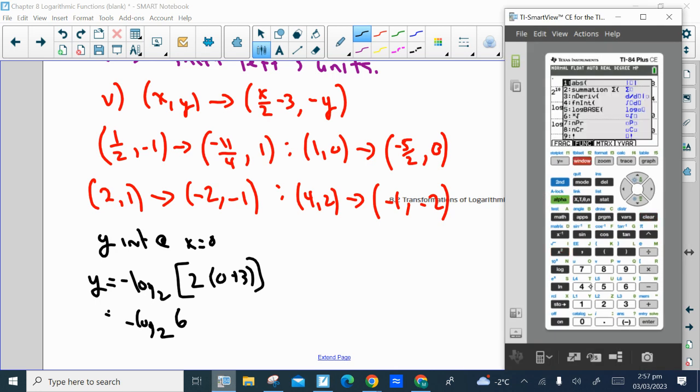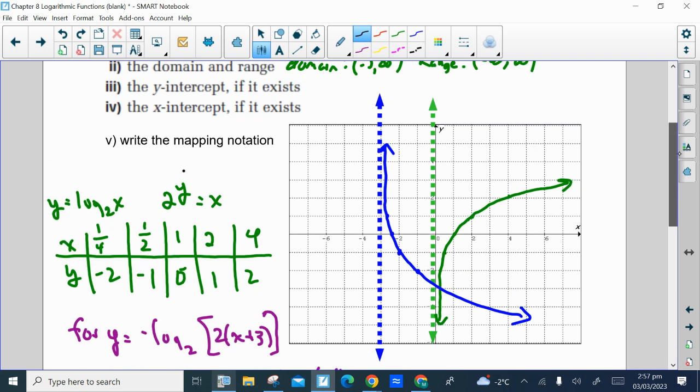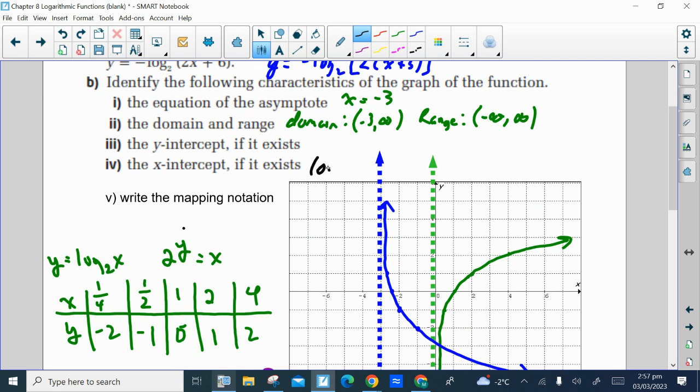Whether you use the change of base identity or if you have a new operating system. Log base 2 of 6. And I forgot to put the negative in there first. There we go. It's negative 2.58 approximately. So our x-intercept is the point 0, that's our x-intercept. It's negative 2.58, 0.